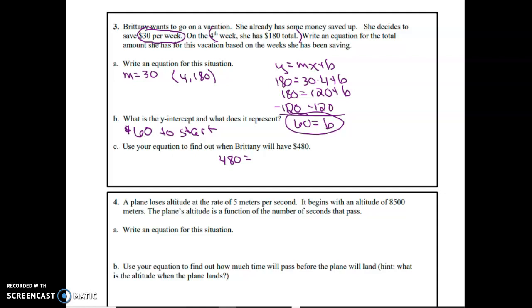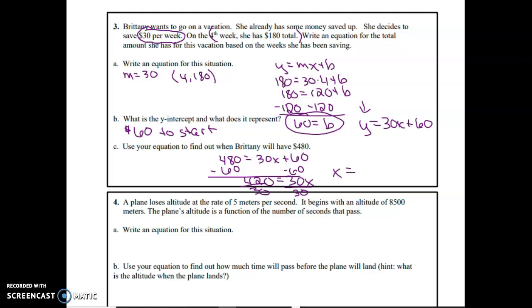So I'm going to use my, oops, I didn't finish my equation up here. I'm going to use my equation and substitute 480 in for Y. I get 30x plus 60. Subtract 60 from both sides to get 420. Divide both sides by 30.